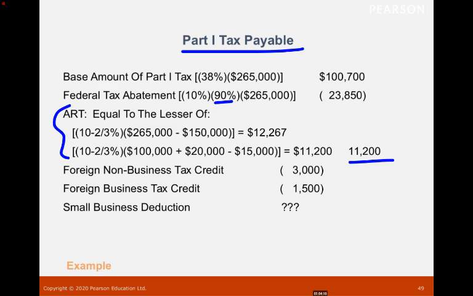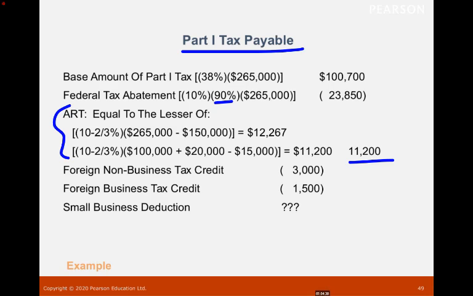And it's 10 2/3% of that number. Also, it's the lesser of aggregate investment income and the amount of taxable income. So if you don't have any aggregate investment income, well, then you're not going to have any of this. So that's just capping it off.